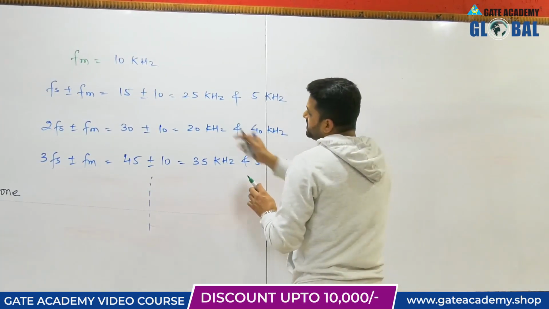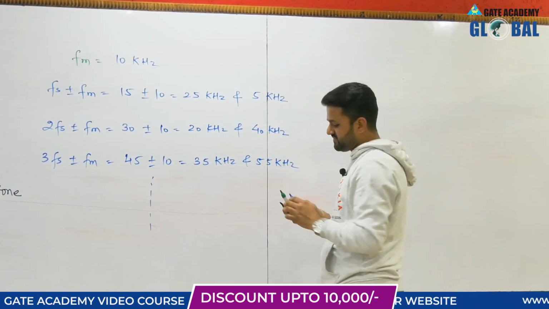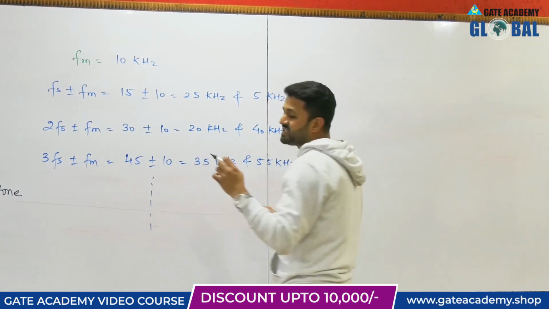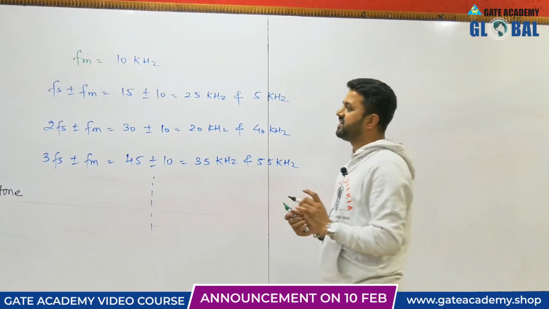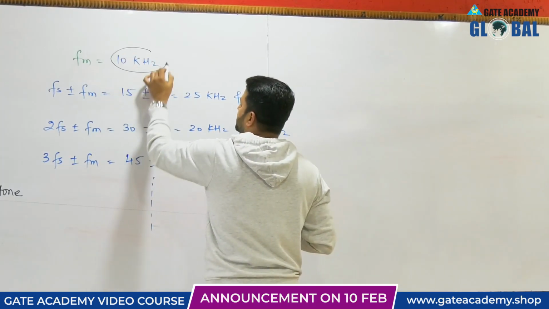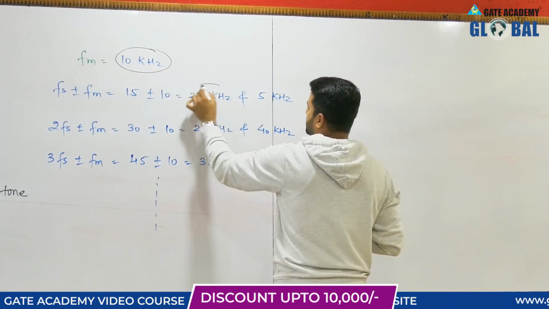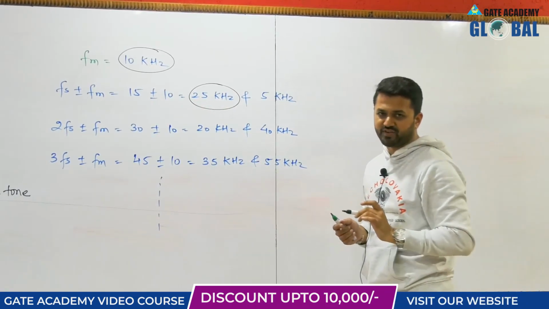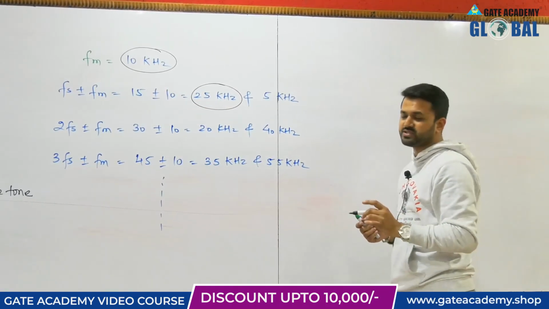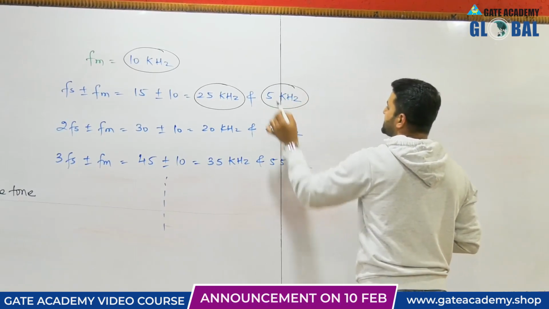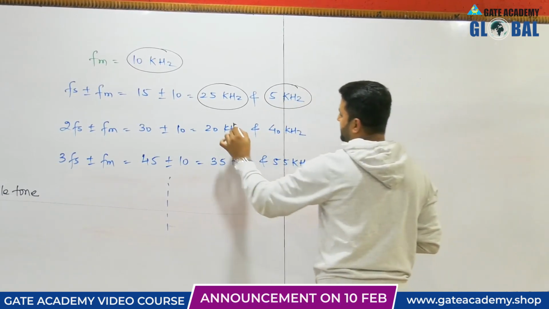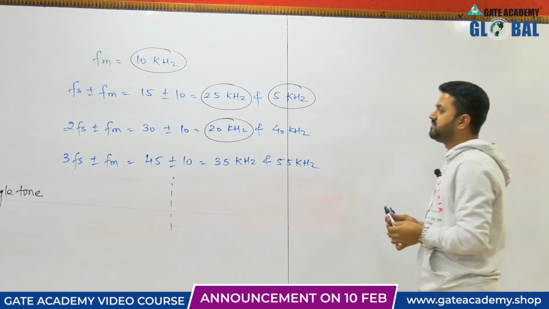So the frequency components less than or equal to 25 will pass. So this is 10, it will pass through the low pass filter. This is 25, equal to the cutoff frequency, that will also pass, and 5 and 20 are less than 25, so they will also pass through the low pass filter.